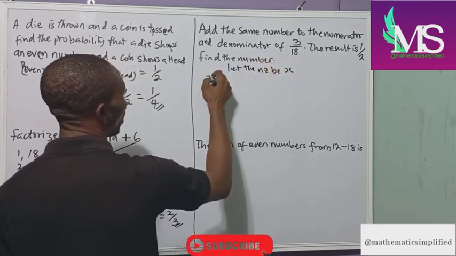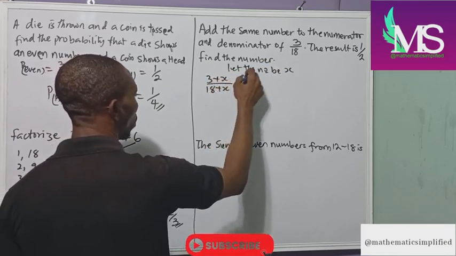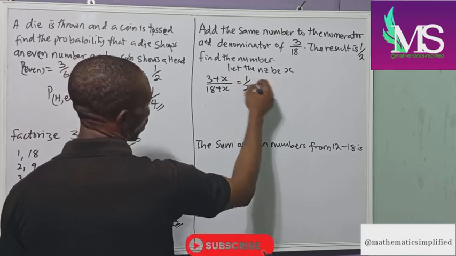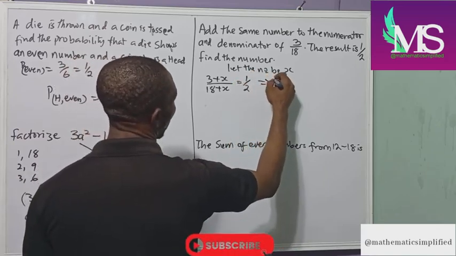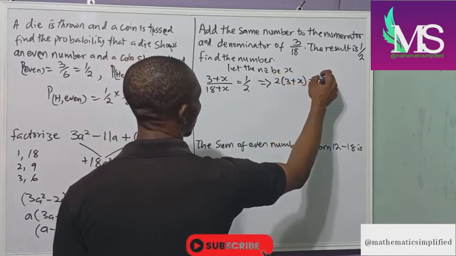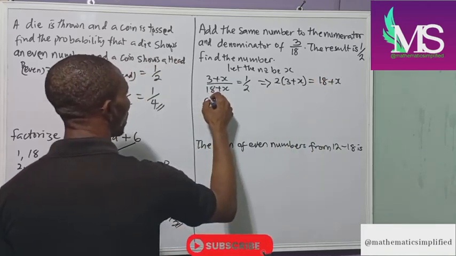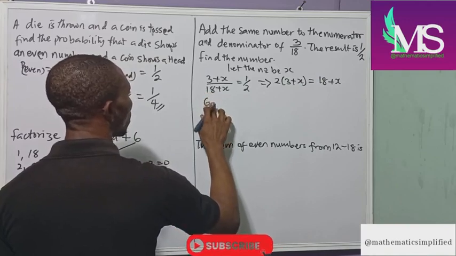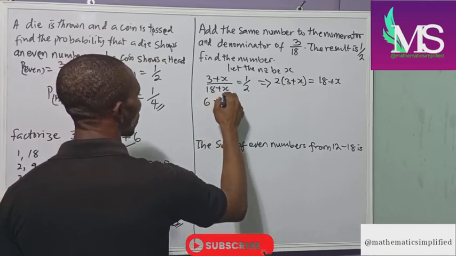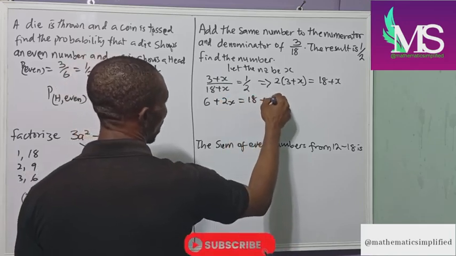So this becomes 3 plus x over 18 plus x equals 1 over 2. Cross multiply, this will give us 2 bracket 3 plus x equals 18 plus x. So this we have 6 plus 2x equals 18 plus x.